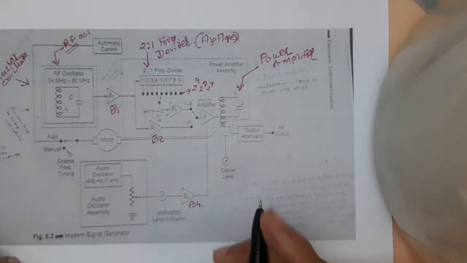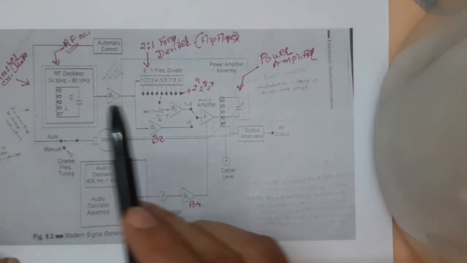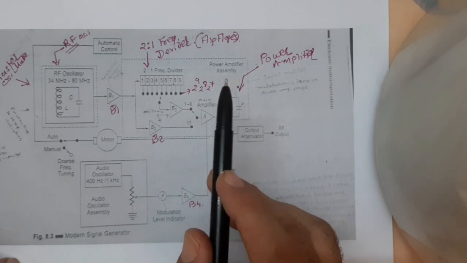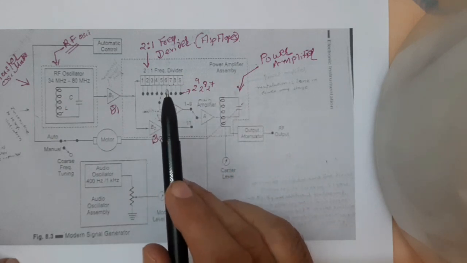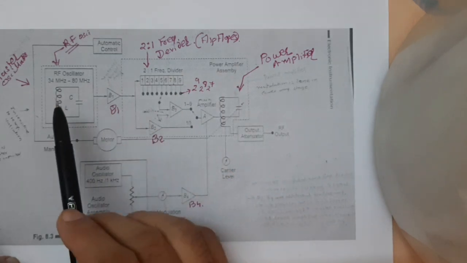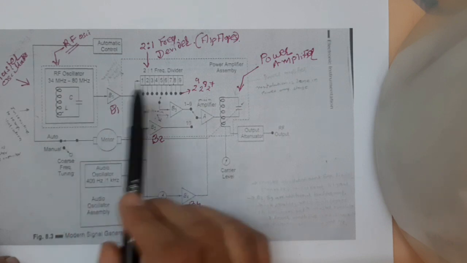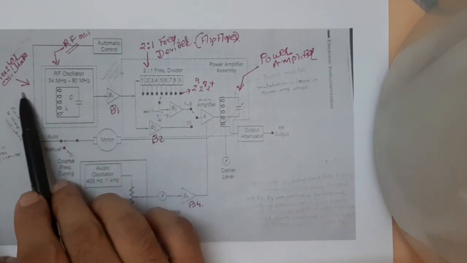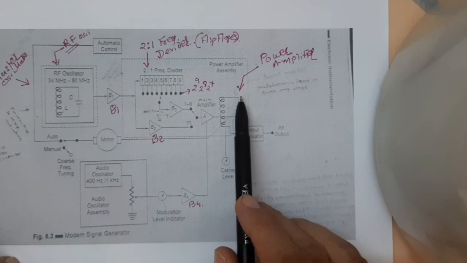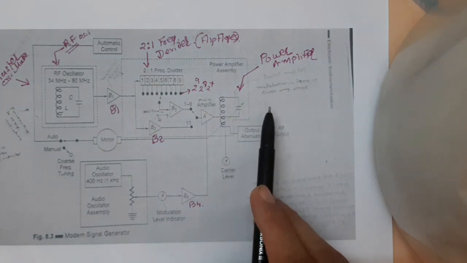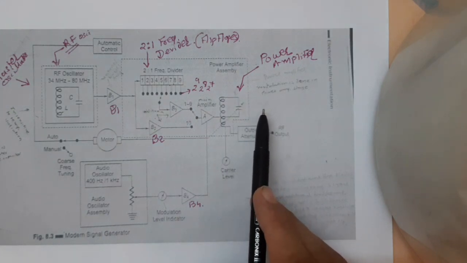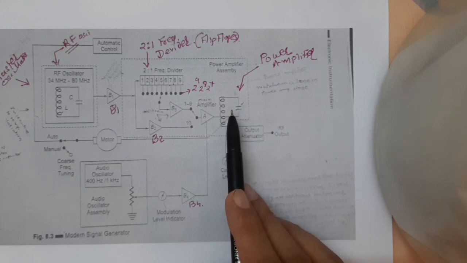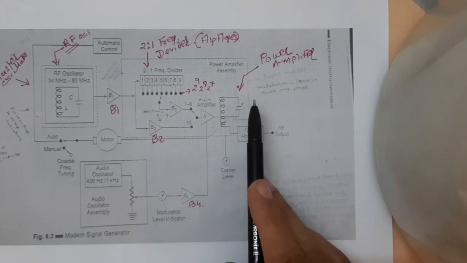So we know that there is an oscillator and there is an attenuator, and in between these, modulation takes place. Here this is our master oscillator. With the help of these two, we are getting the master oscillator. This is our power amplifier, where the modulation takes place.